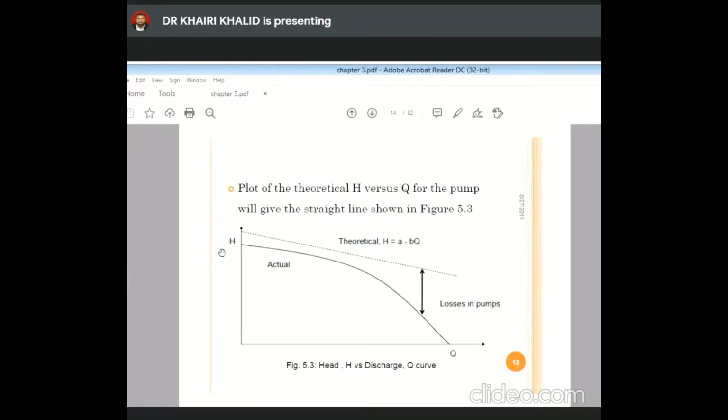There are also losses, as we discussed in the previous chapter, which we named separation losses. There are a number of separation losses due to fittings and apparatus.